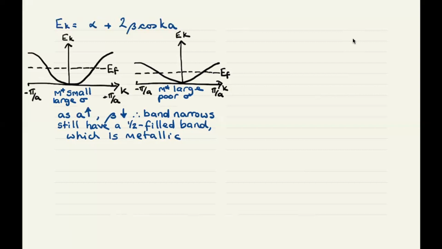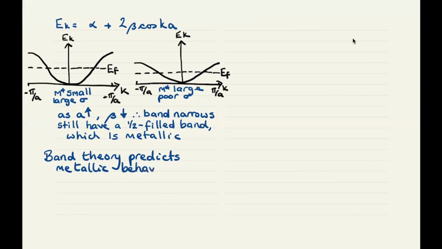And we can keep doing this thought experiment. We can keep moving our atoms further and further apart, and we'll find that our band theory continues to predict metallic behavior even at very large interatomic spacing.